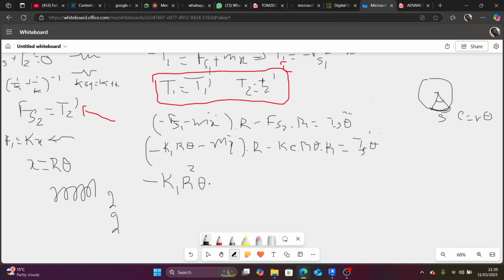The square does not come from nowhere. It comes from the distance of the moment when it meets the r theta. Minus m x dot multiplied by r, minus k equivalent. What is r times r? r squared.